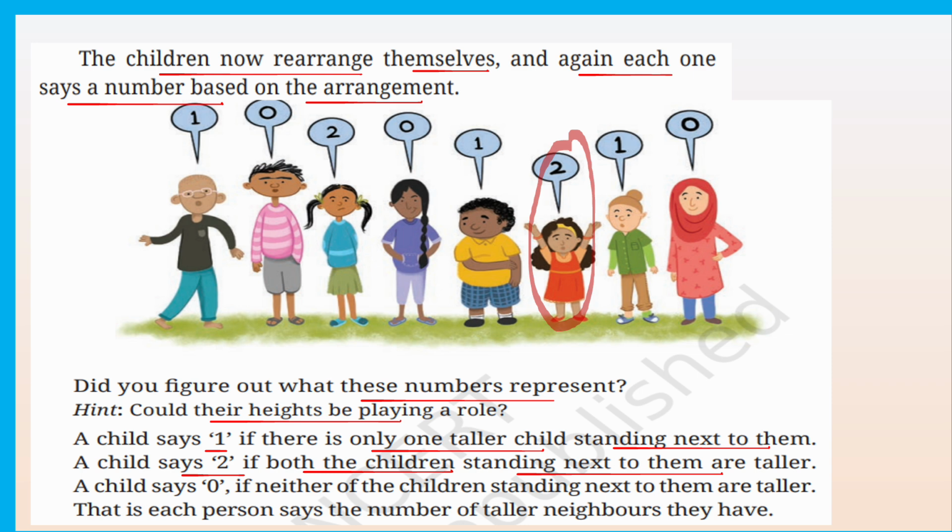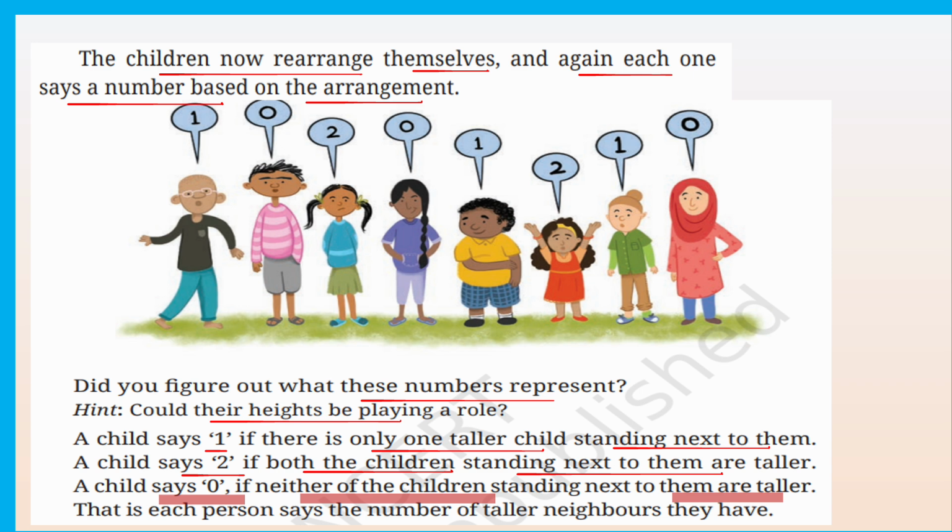Why? Because both the children standing next to her, these 2 children, are taller than her. So she says 2. Then a child says 0 if neither of the children standing next to them is taller.